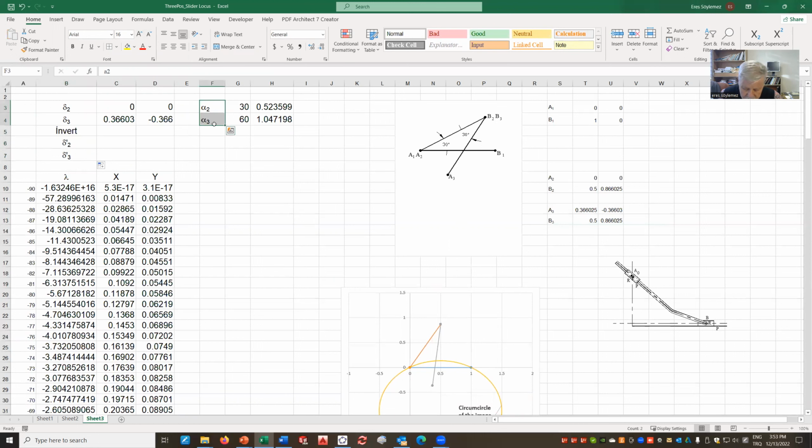And copy this, Control C, Control V. Okay. Now, delta 2 prime will be equal to 0, 0. Alpha 2 prime will be minus alpha J.